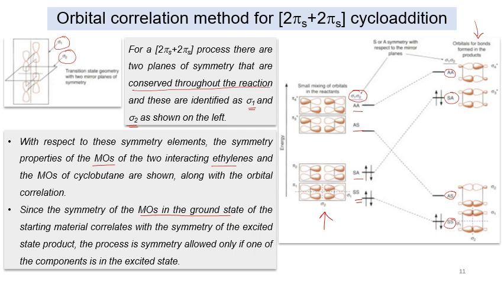That means it is with respect to this particular orbital. So this symmetry is correlating with respect to the excited state of the product. Obviously, if this has to happen, it will be allowed only in the excited state, because we are crossing the non-bonded level. So, as we know from our previous studies, this will be permitted under photochemical conditions only.